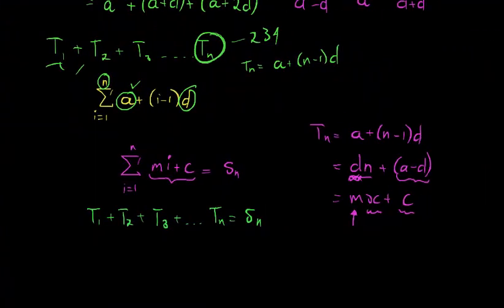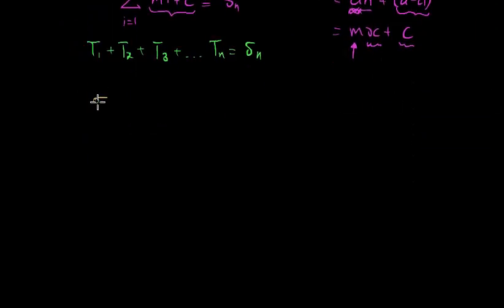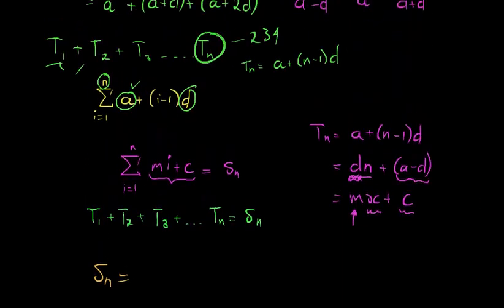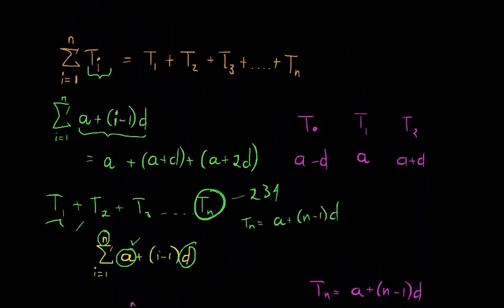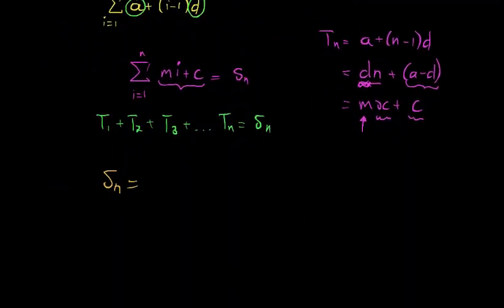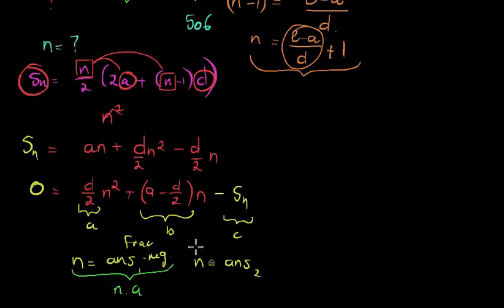The final one I want to show you now is that they might start by giving you Sn as a formula. Okay, so notice Sn as a formula would look like this. They give you Sn as a formula.